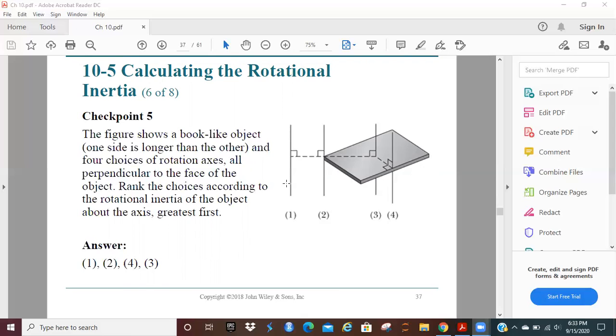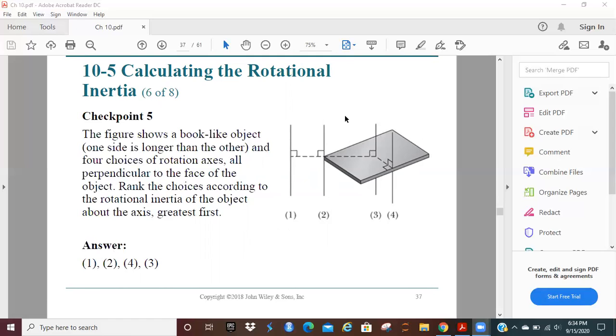In this particular case, case number one, if you look at it as individual mass particles, look at how far away they are from the axis here. Radius is going to be quite big, and since that term is the one that's squared, this rotational axis is going to have the most. That's why it comes first.